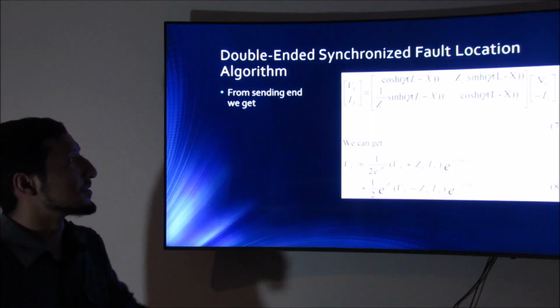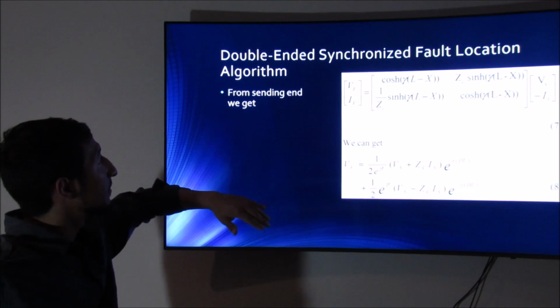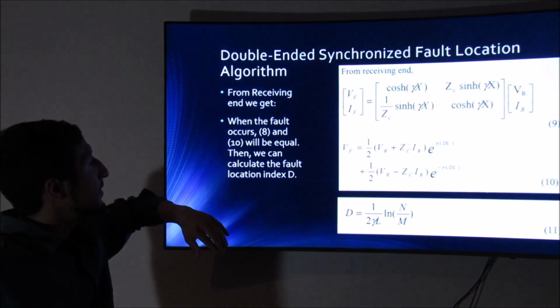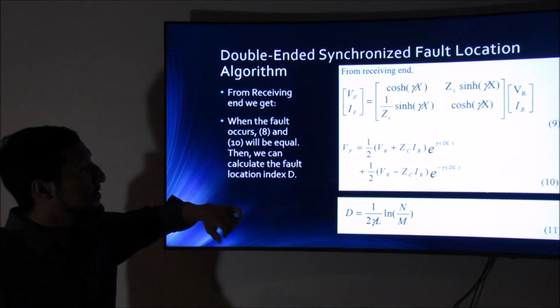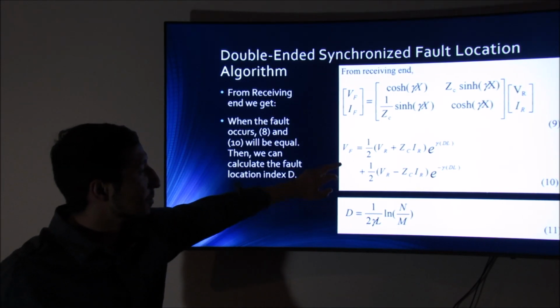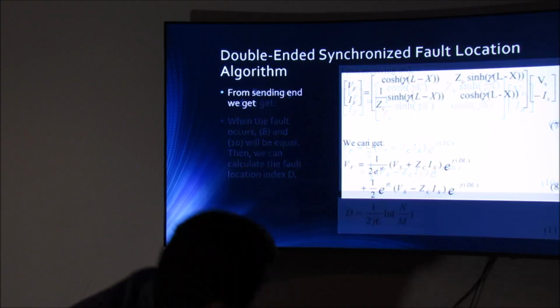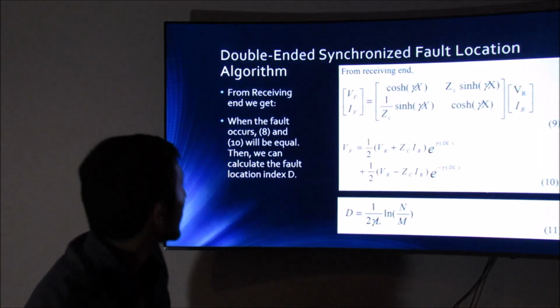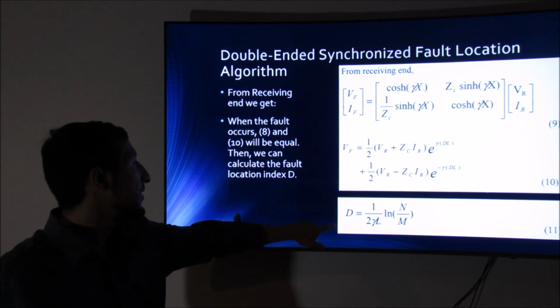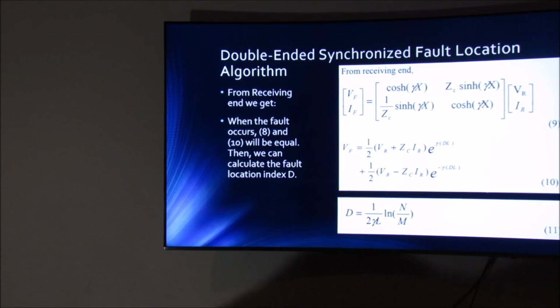Here they have their system set up. And so basically when the fault occurs, you would see that these equations, number 10 and number 8, end up being similar, and from there you can calculate your location index.